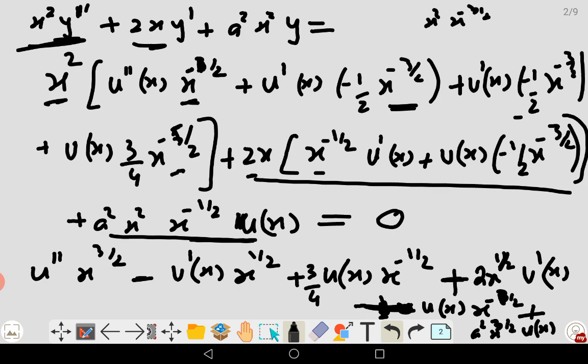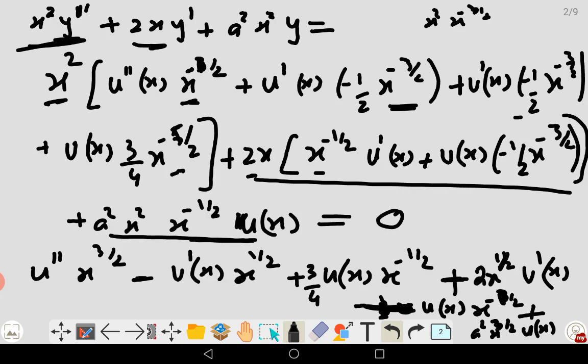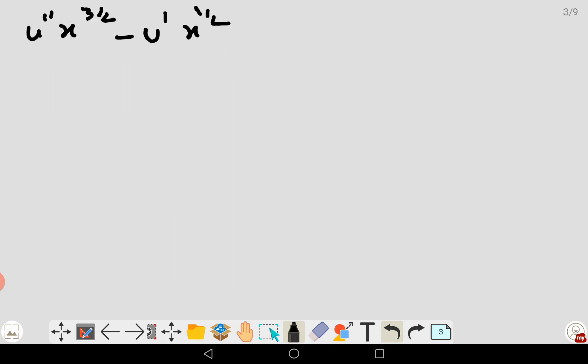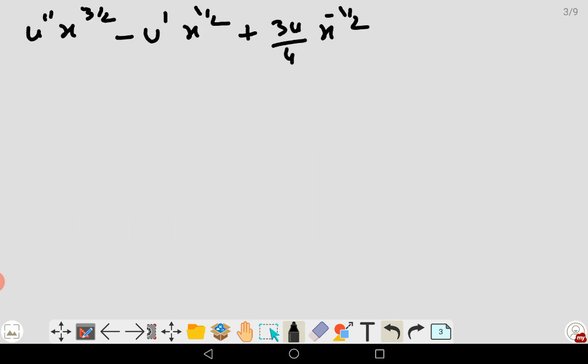Negative u dash x power half, negative u of x x power half, 3u over 4 x power negative half. Next 2 into x power half u prime, 2 into x power half u prime, isn't it?